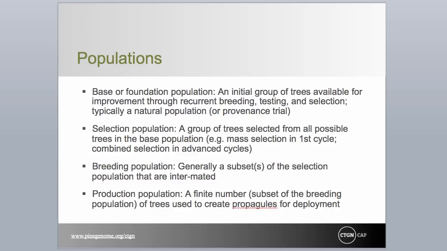Breeding populations may be smaller than the selection population due to availability of flowers for breeding, the application of two-stage selection, or other factors. Finally, a highly select group of trees are identified as those used to produce progeny, or vegetative propagules, for deployment in forest plantations.